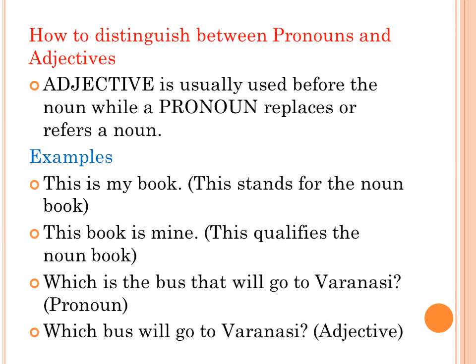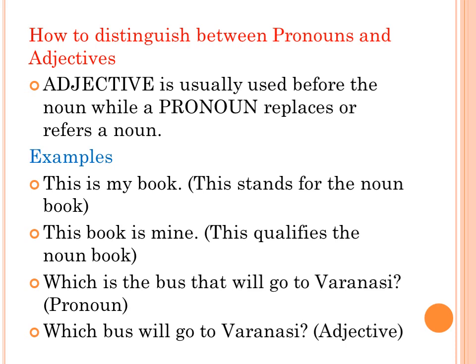How to distinguish between pronouns and adjectives? For this, just remember the basic definition. An adjective is usually used before the noun and it qualifies or describes a noun. This is my book. Here the word this stands for the noun book.